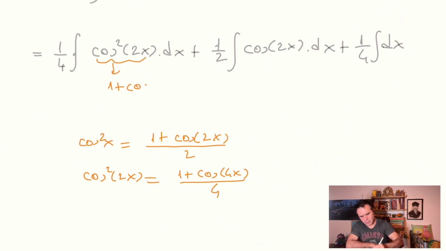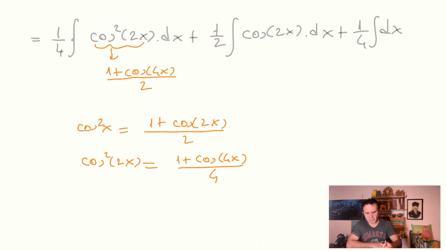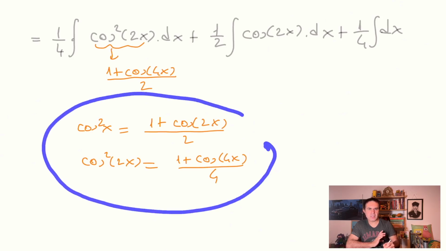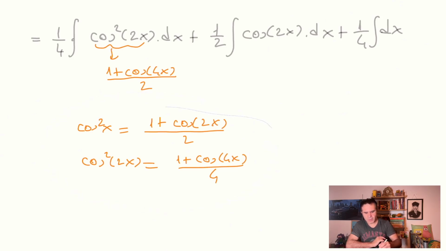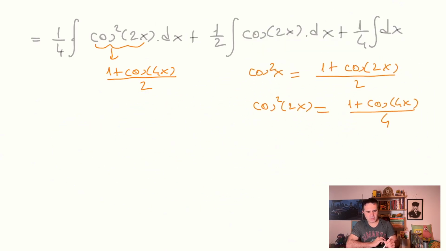Why are we doing this? Because if cosine x has any power, we cannot integrate it directly. So in order to integrate, we need to reduce its power. If the power of cosine x is even, 2, 4, 6, etc., we always use this equation to reduce the power, and we call it reduction.